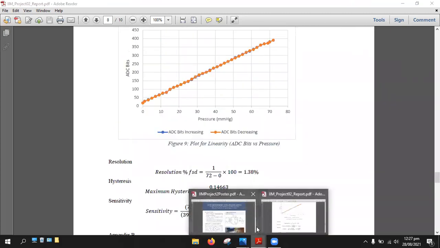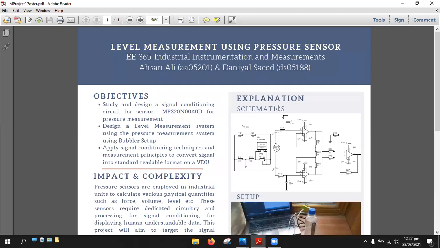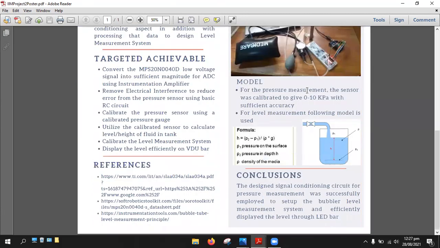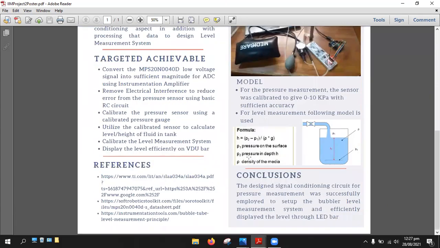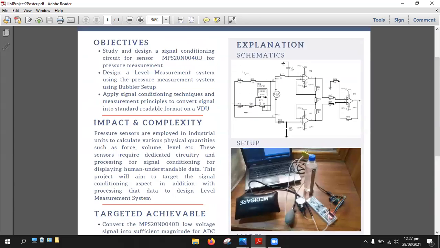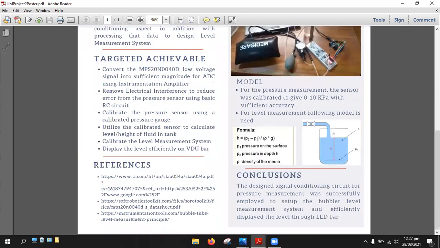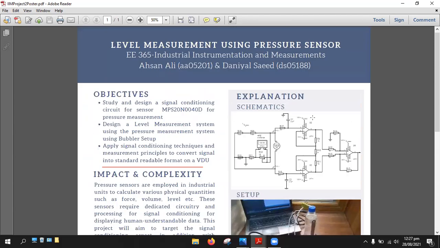And I just want to now cover the poster that we designed for this project. It includes the basic objectives, the targeted achievables, the basic schematics and setup, as well as a couple of basic formulas that we used.